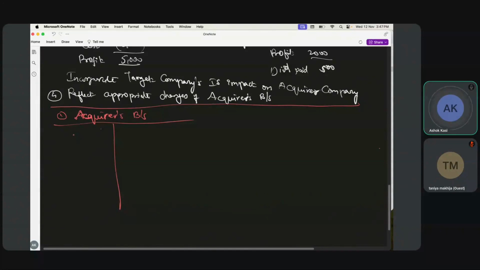First I'm just copying all that I wrote before. Retained earnings 3,000. OCI 3,000. Then minority interest 2,000. Bank loan 7,000.